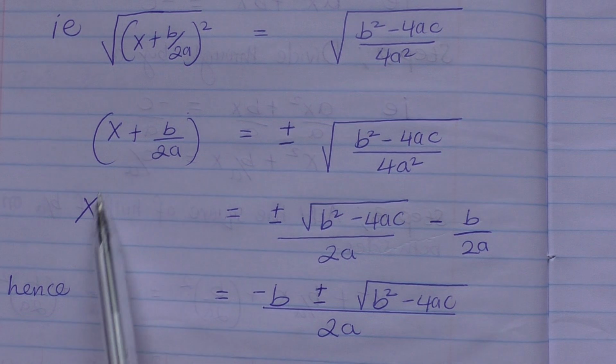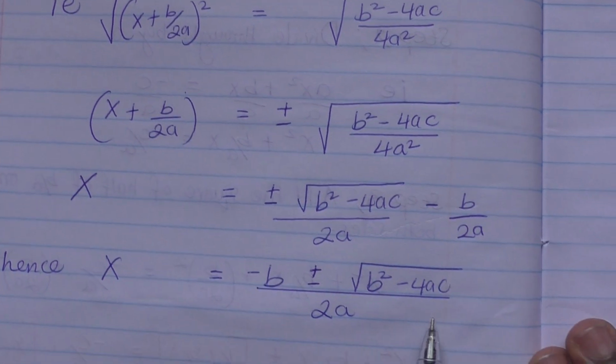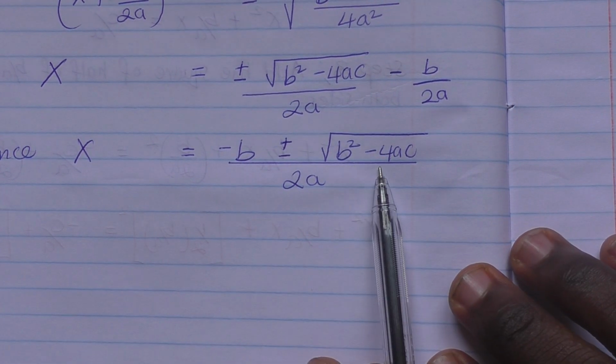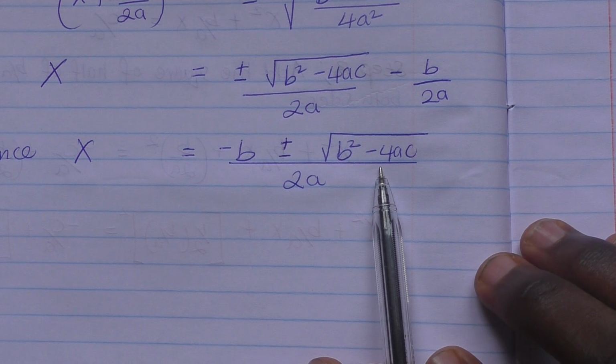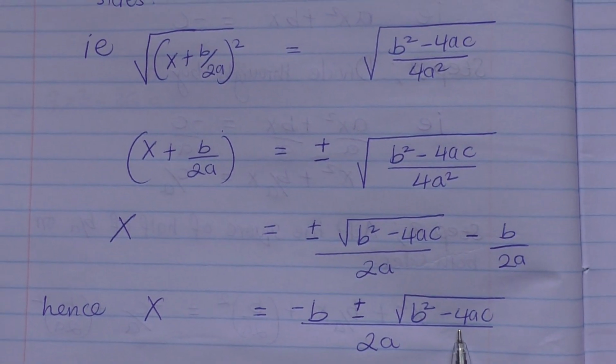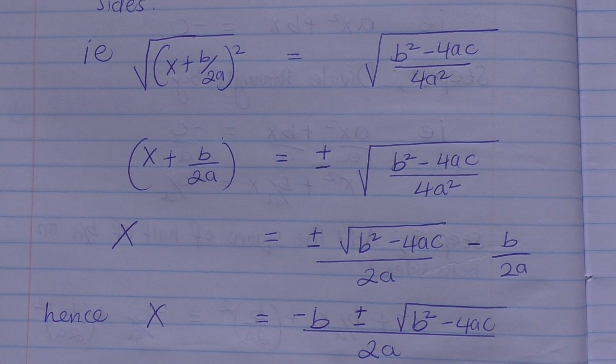So we make x the subject by taking this one to the other side, which gives us the end result as this. So you realize that from completing the squares, we obtain what we call the quadratic formula, or what you know as the bulldozer method.